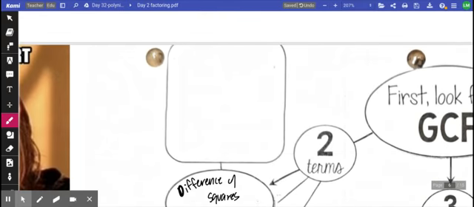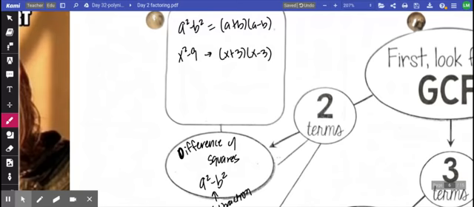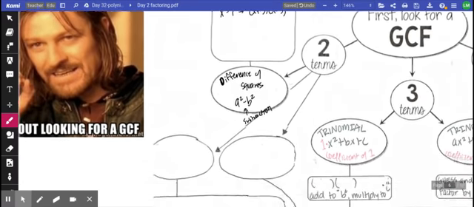It says if you have a squared minus b squared, to factor it, we can turn that into a plus b, a minus b. Okay. An example would be x squared minus 9 would turn into x plus 3, x minus 3. Or you can put the one we just did in there. All right, copy that down, use it, remember it, practice it, get familiar with it. Here we go.